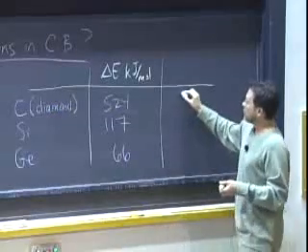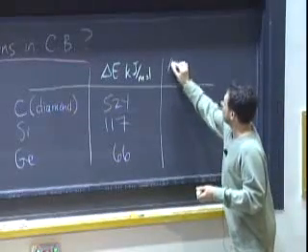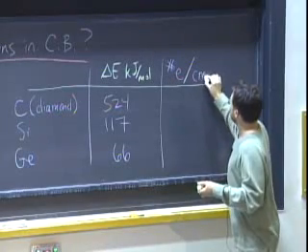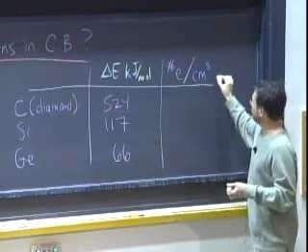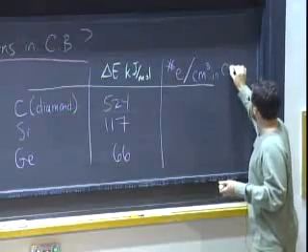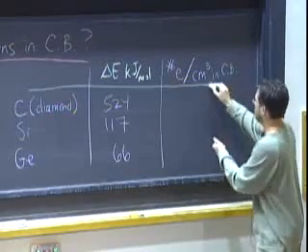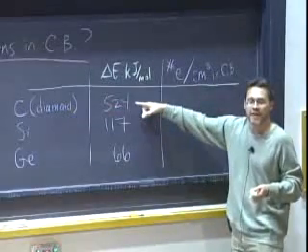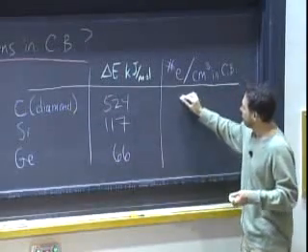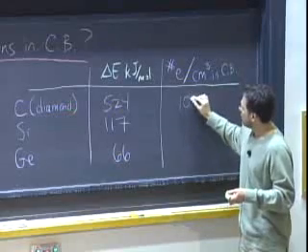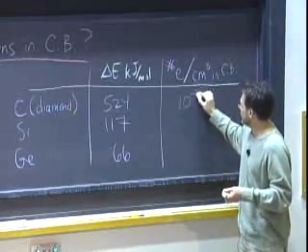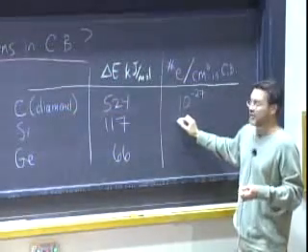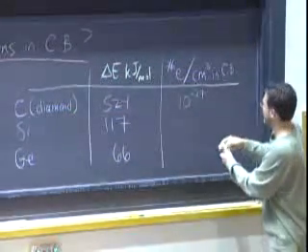And that corresponds to here's the number of electrons per centimeter cubed in the material in the conduction band. And based on this large energy gap in the diamond structure, this value is on the order of 10 to the minus 27. Very small. This is an insulator. Diamond is an insulator.